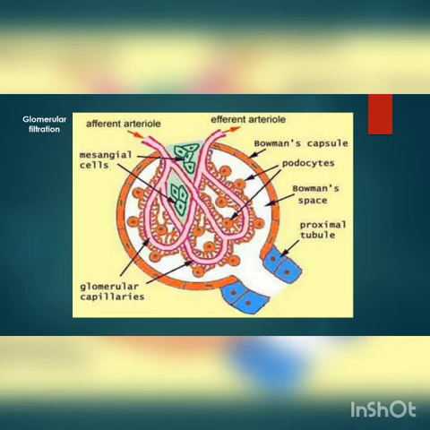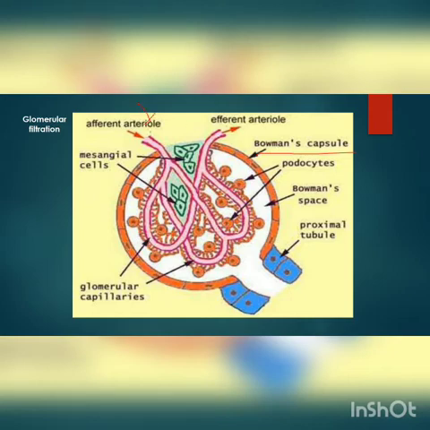Now we'll see the glomerular filtration here. As I said, this is the Bowman's capsule. I explained that these are the podocytes and the spaces between them through which the blood passes, and these are the mesangial cells, the efferent arteriole. This is the afferent arteriole.